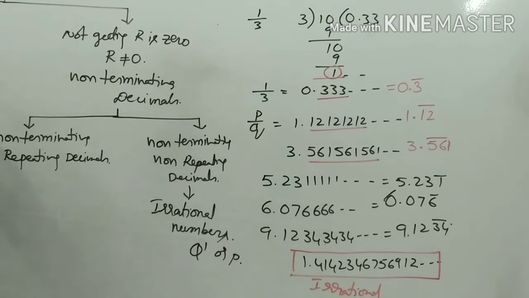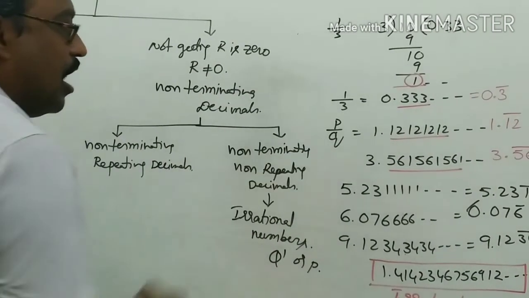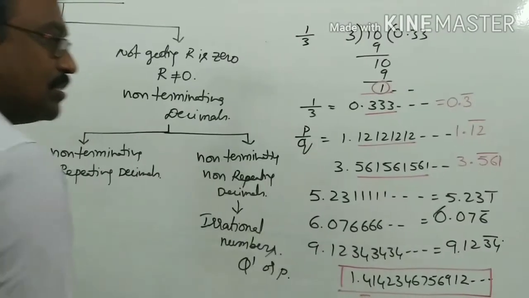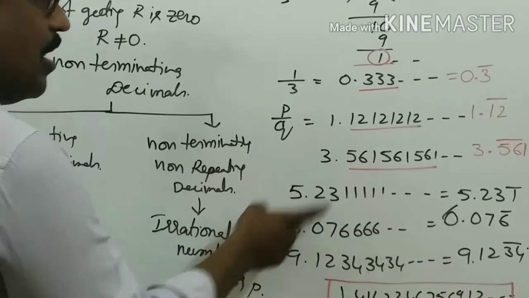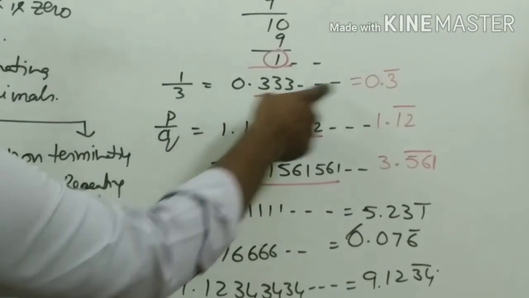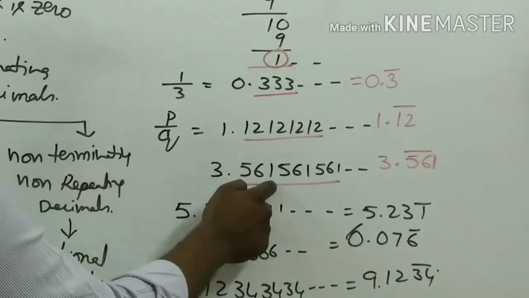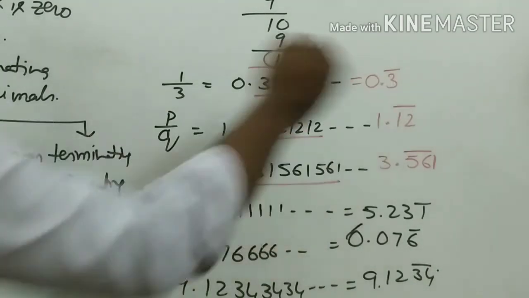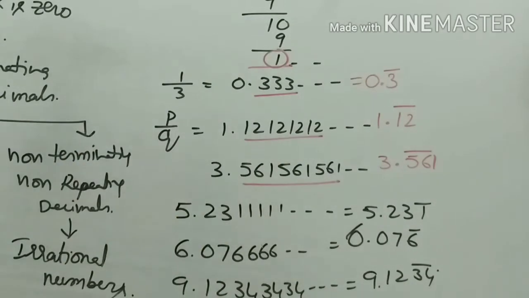Now, come to non-terminating repeating decimals. Here also two categories are there. In one, the decimal is completely repeating: 3 is repeating, 1 2 is repeating, 561 is repeating. So everything is repeating.